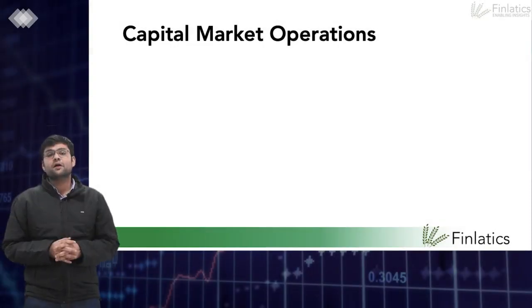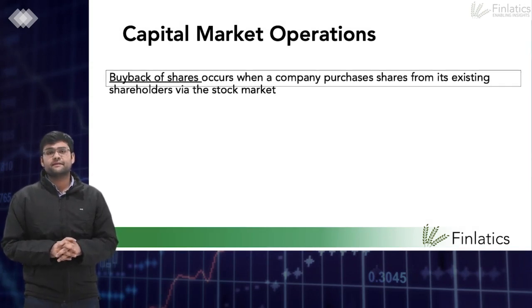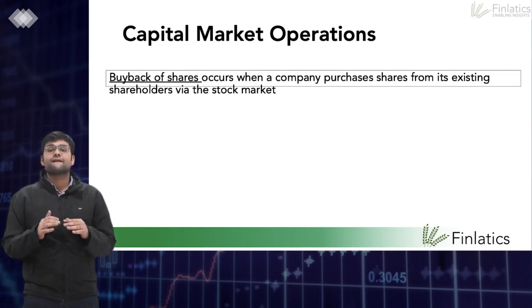The last terminology that we are going to cover in this module is the buyback of shares. Buyback of shares is done when a company purchases shares from its existing shareholders via the stock market.